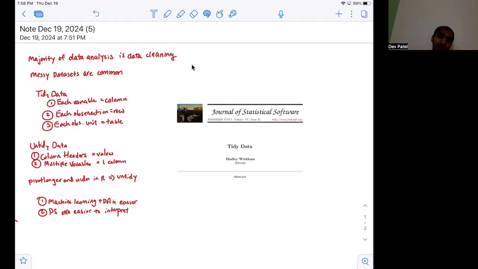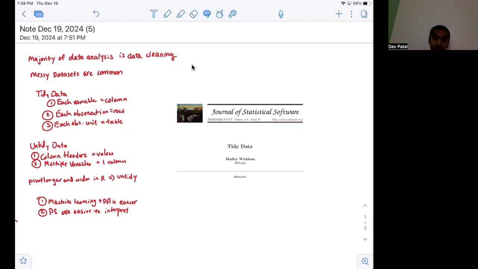And finally, every observational unit is represented in a table. Multiple observation units or multiple pieces of information are not encompassed in a table, but in fact, each table stands on its own in terms of representing an observational unit.